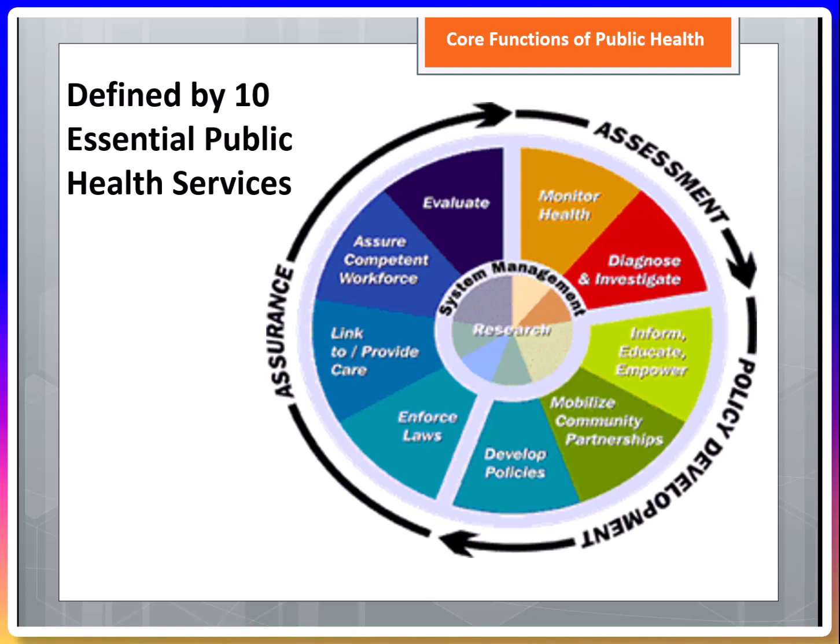But there is a final system management function of public health, and that's in the middle, and that's research. So we have research for new insights and innovative solutions to health problems. Now, the intended outcomes of public health and of the core functions of public health is the protection of health and the reduction of risk, prolonging life, also the quality of life, and then medical advances.